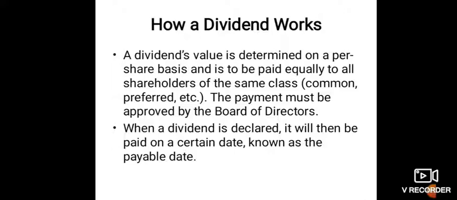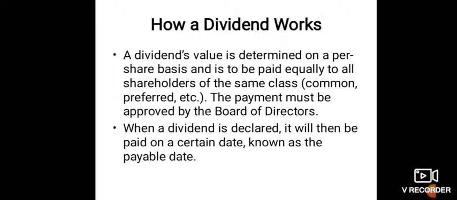Say, for example, there are 10,000 shares with a face value of rupees 10 per share. One share multiplied by rupees 10 means 10 rupees, and based on that, it is distributed equally.